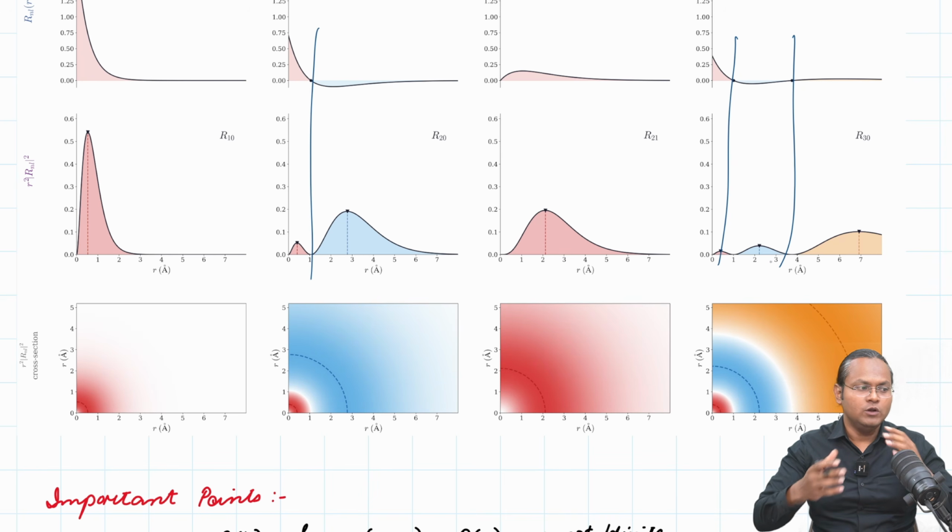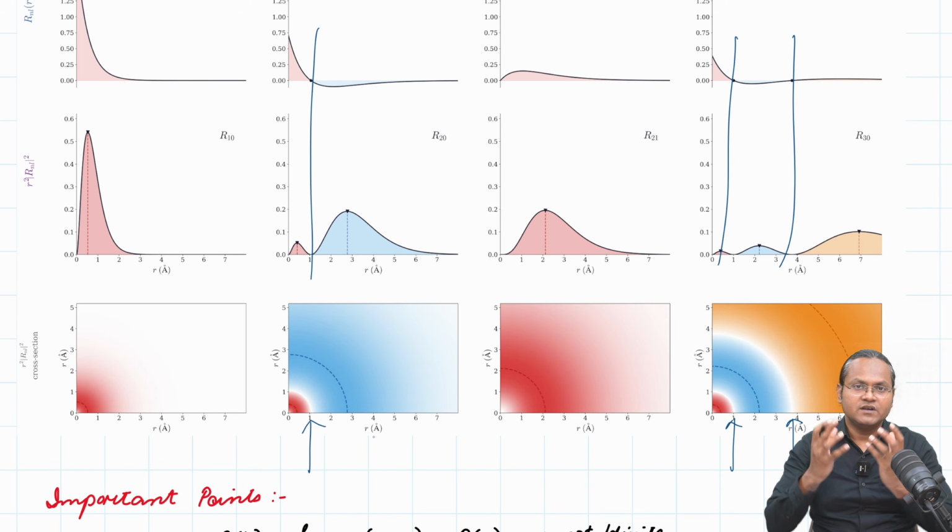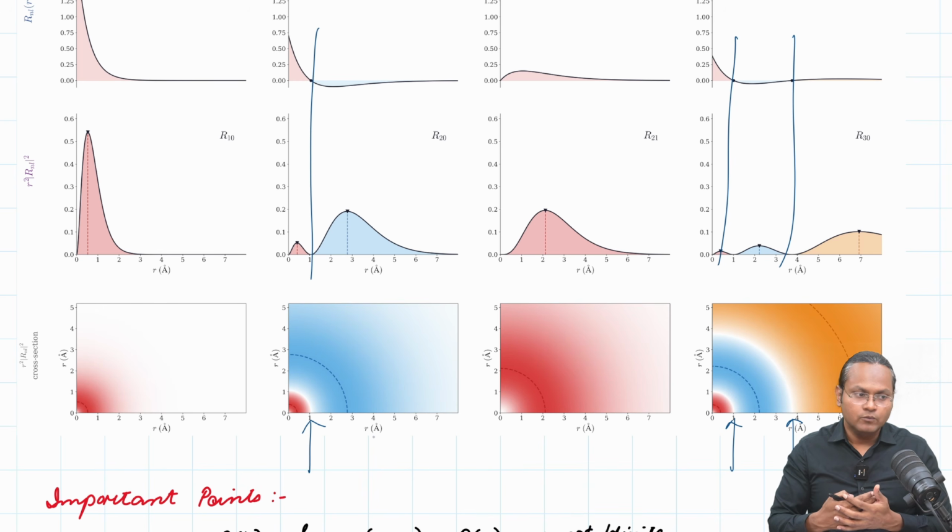In the third plot, we can see these nodal surfaces as white lines here. These white lines refer to the nodal surfaces around the hydrogen atom in which the probability of the electron being found is absolutely 0.